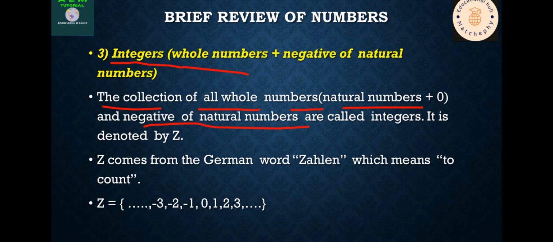How do we denote integers? Integers are denoted by capital Z. Why by capital Z? Because Z comes from the German word zählen, which means to count. So integers are the set of all whole numbers and negative of natural numbers.